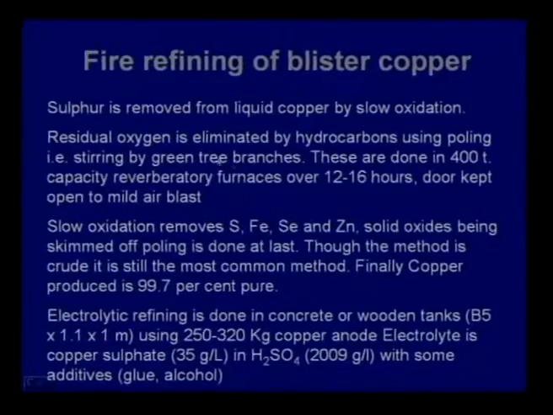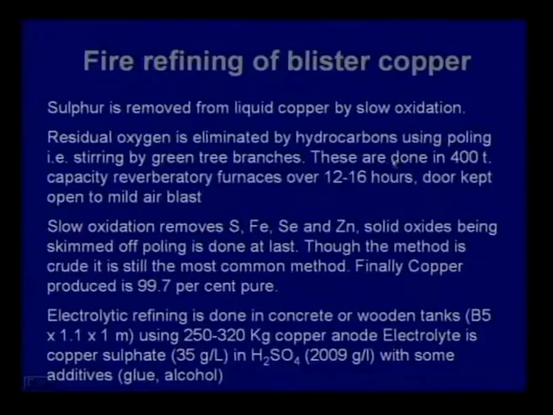When green branches are used to stir the bath, those branches generate reducing gases like methane, and the methane will reduce the oxygen. People have tried in modern industry to remove that oxygen by hydrogen injection, but that is too elaborate and too complicated. Industry still uses poling. It is stirring by green tree branches.